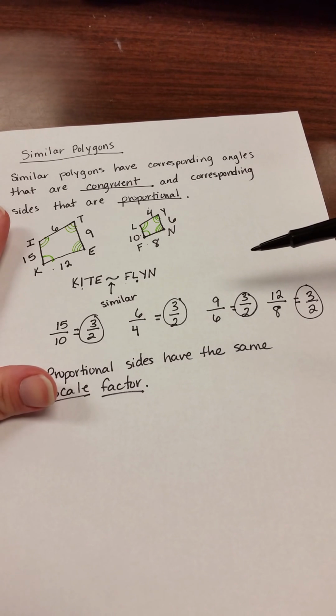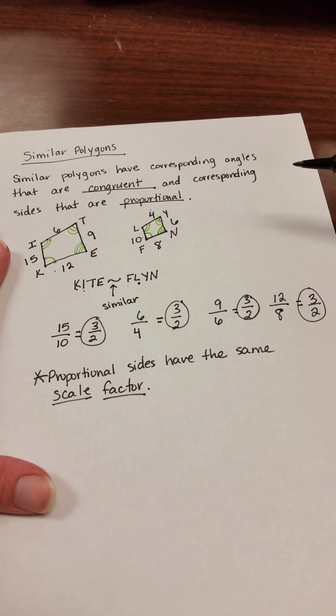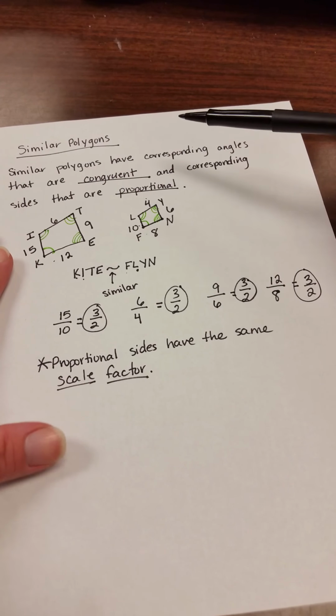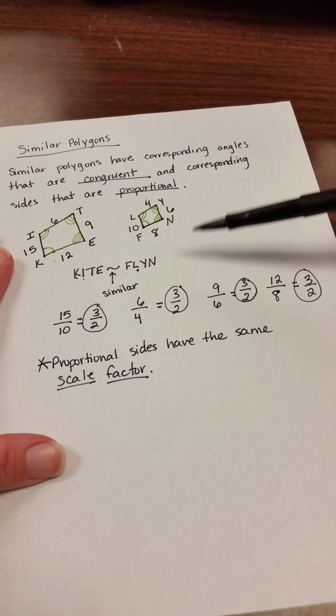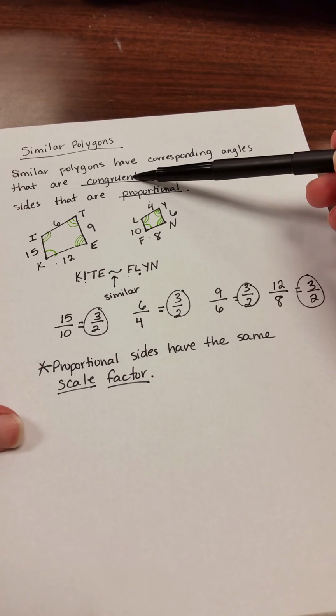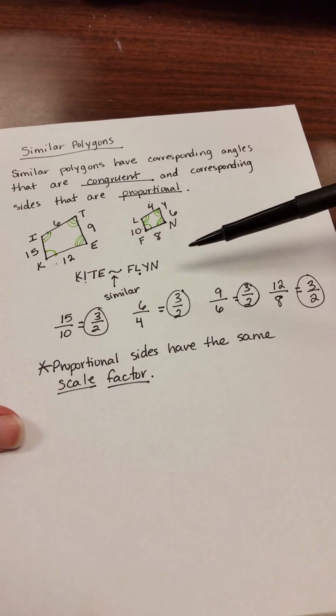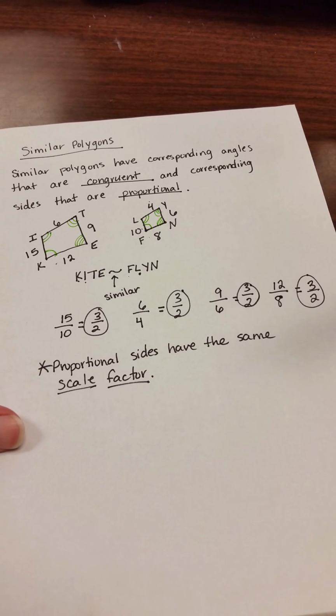So before we go on, we're going to talk a lot this unit about similar triangles, but before we talk about that, I want you guys to get used to what it means for any kind of shape to be similar. And it means the angles are congruent and the sides are proportional. So go check your table of contents and see what you're supposed to do next.